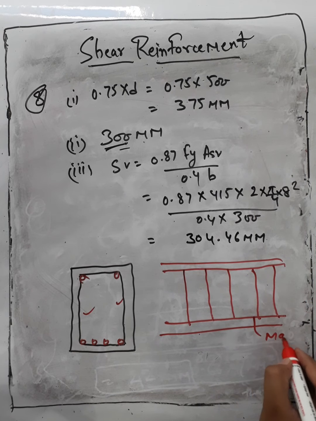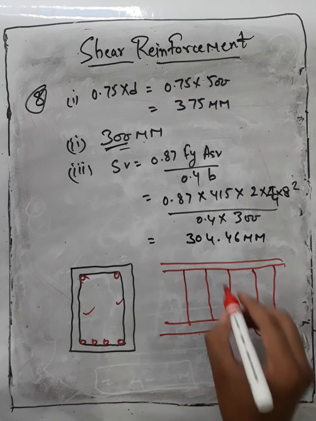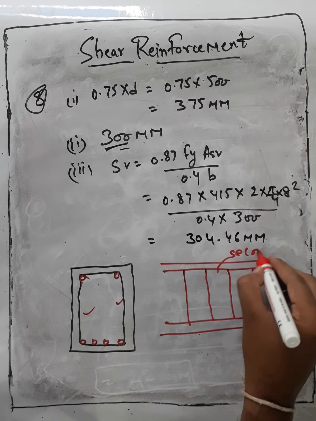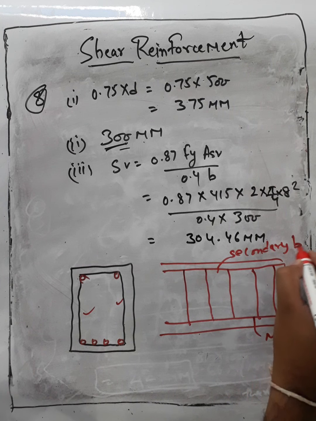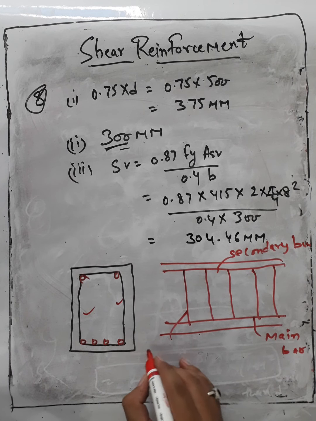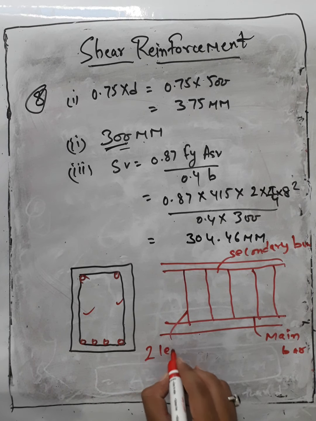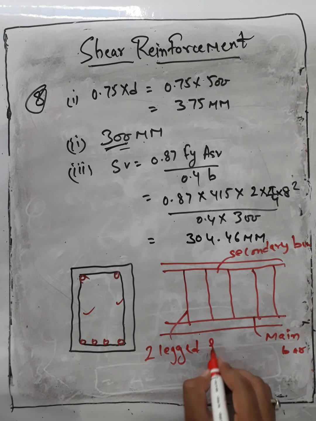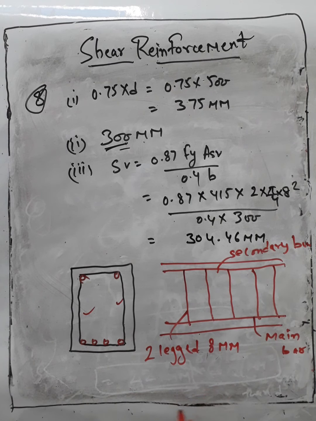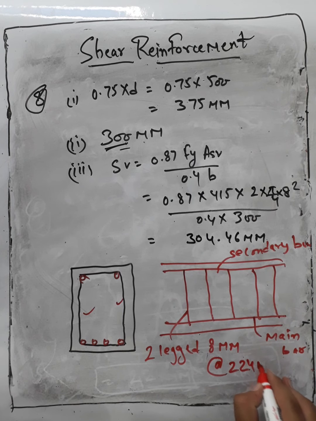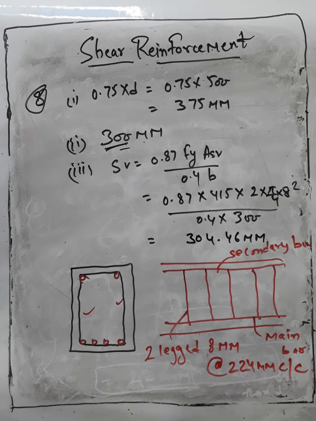This is the main bar, the secondary bar, and this is the stirrup which we write as two-legged 8 mm dia vertical stirrups at the rate of 224 mm center to center.